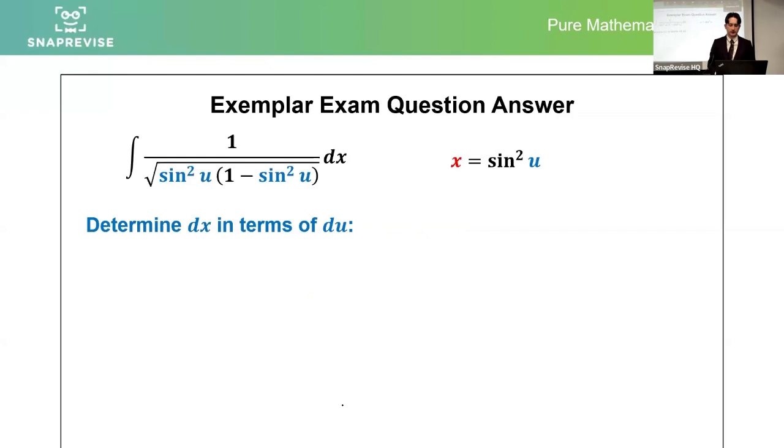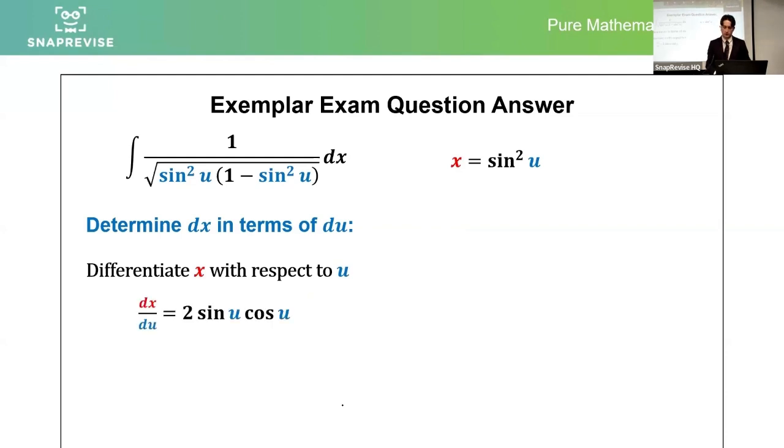Now, where we go with this is we also need to sort out the dx bit. So if we differentiate sine squared u, we're going to get 2 sine u cos u. So if we all check we're happy with that. So 2 sine u cos u. Check we're good.